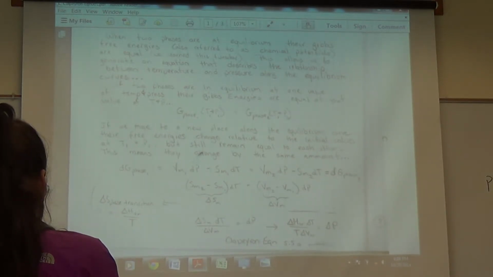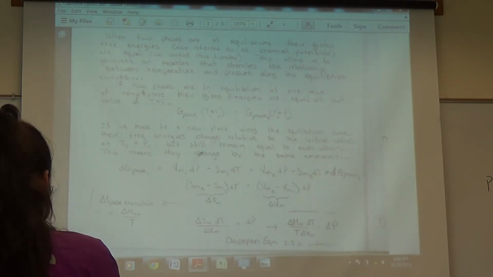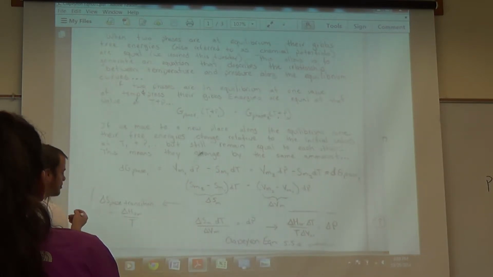Because dS was the integral of dq over T, but T is constant, and so delta S is 1 over T times the integral of dq. If it's a constant pressure process, the integral of dq is qp, and qp is delta H.